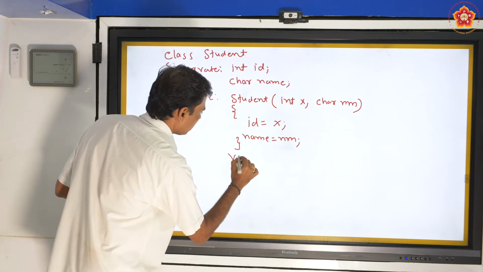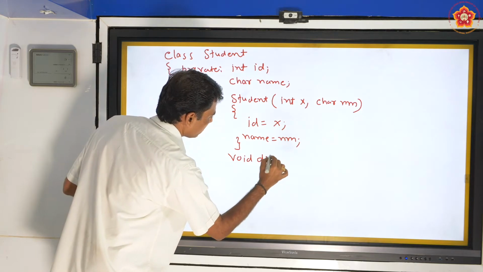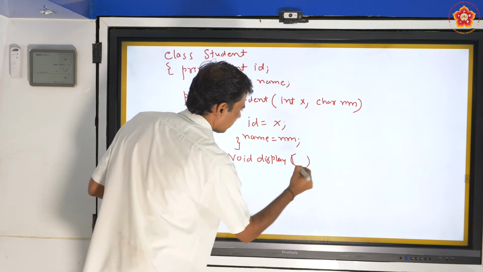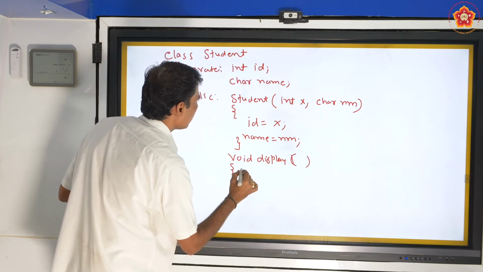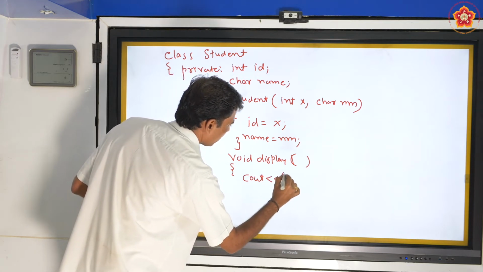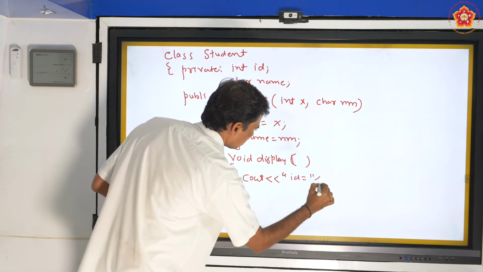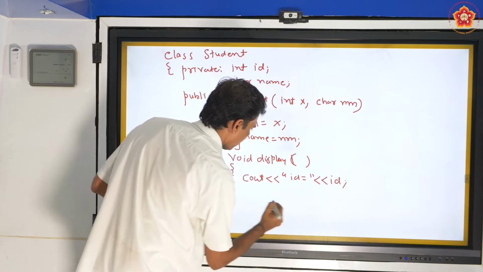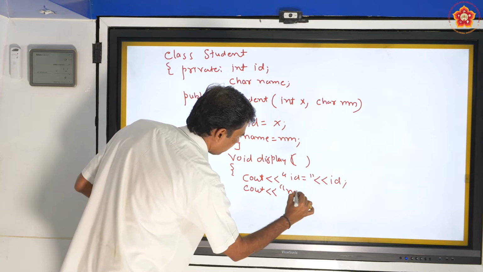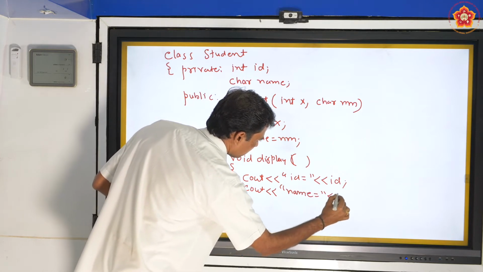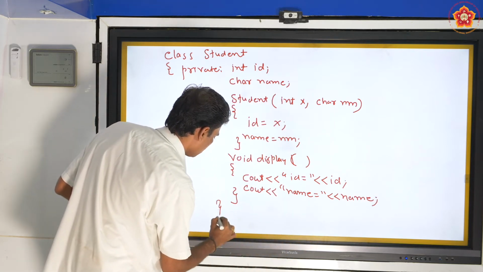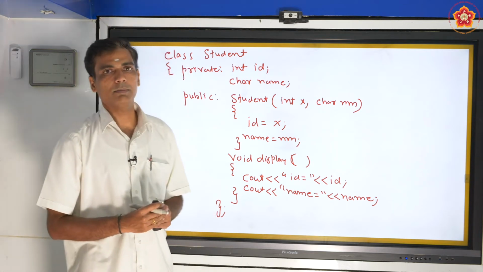So one function I will write, void display, and nothing will be in the parameter list. What am I going to display here? cout id is equal to id, and then another cout name is equal to name. This is my class definition, very simple.